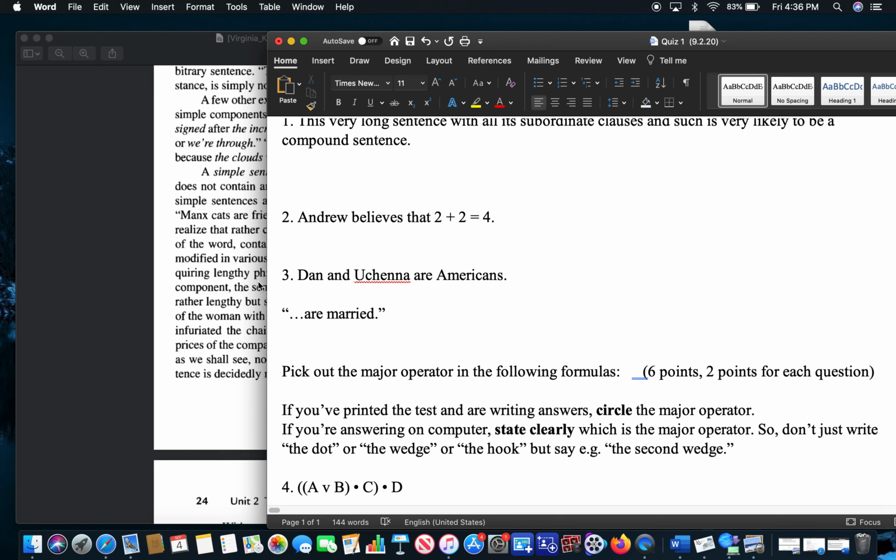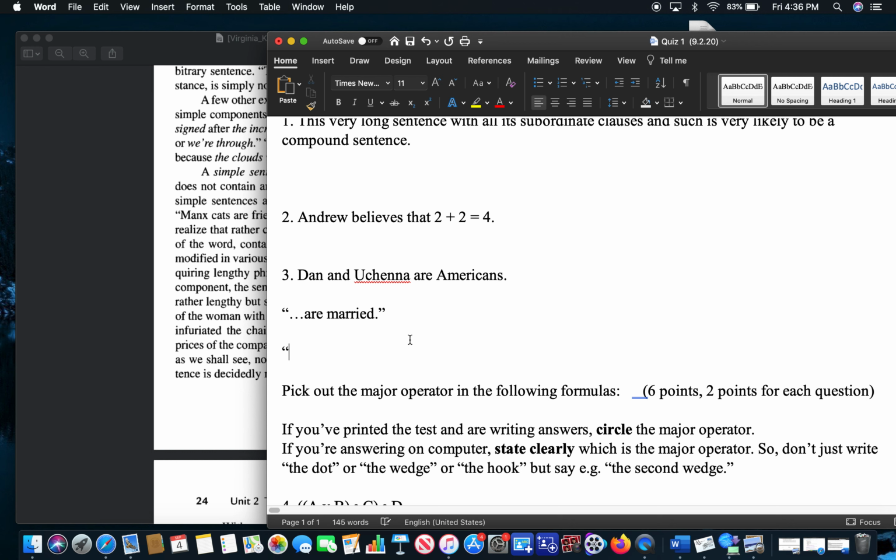But sentence 3 is not relevantly like that sentence, in that the predicate here is different. Dan and Uchenna are Americans. The predicate is "American." This predicate applies individually to the two subjects.